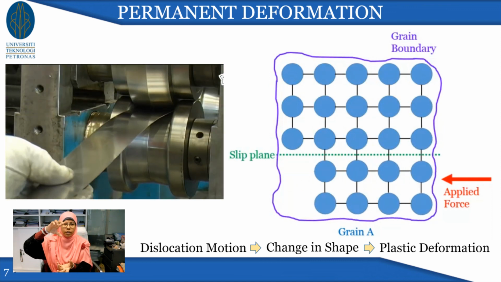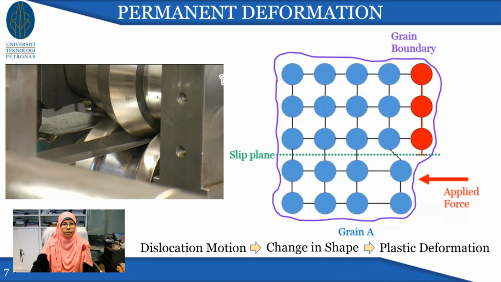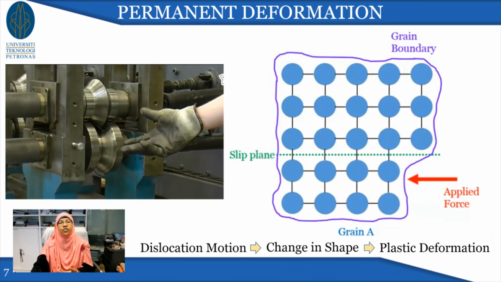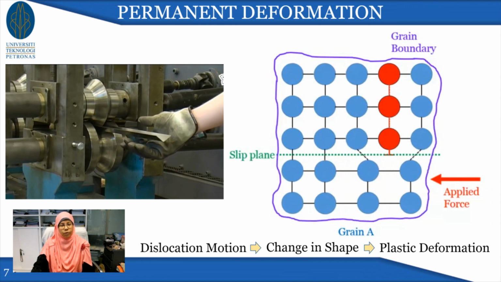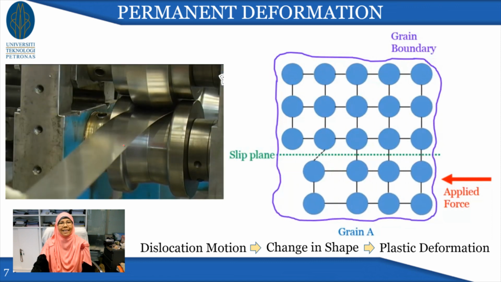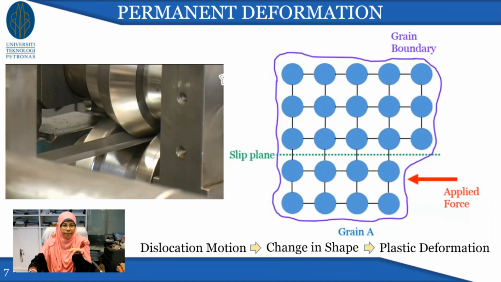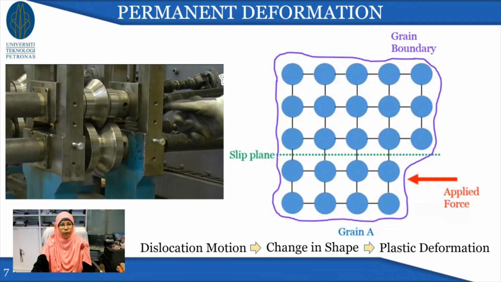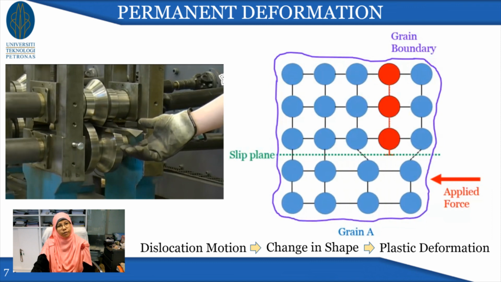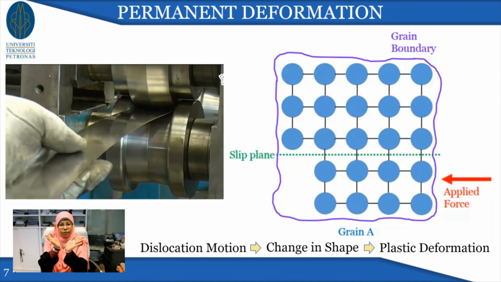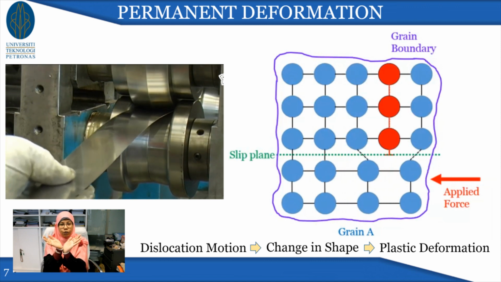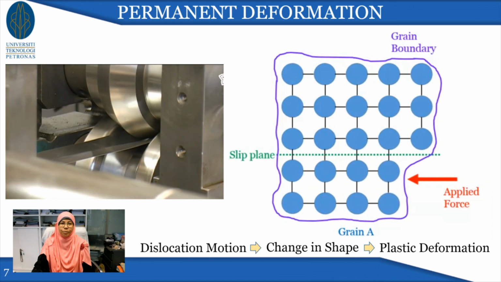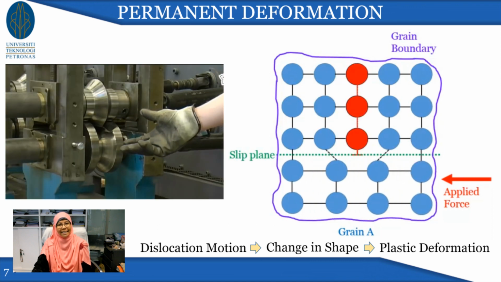There are two rollers, a top roller and a bottom roller, and you feed a metal sheet between them. Initially it is just a flat sheet, and because of the force applied between the two rollers, when it comes out it is bent into a V-shaped sheet. So you have caused permanent deformation to the metal sheet.